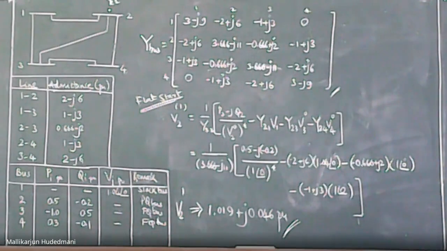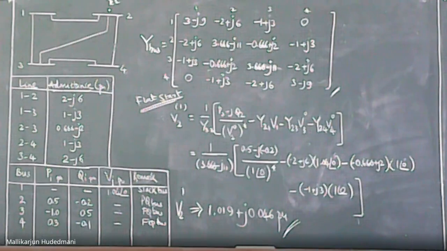Then 1 cross 2, which is called an off-diagonal element of the Y bus, is the negative of the admittance of the element between 1 and 2, which is given in the first row, second column as -2 plus J6. In fact, the elemental data of element 1 to 2 in the table is 2 minus J6, whose negative, naturally, becomes -2 plus J6, which is 1 cross 2.